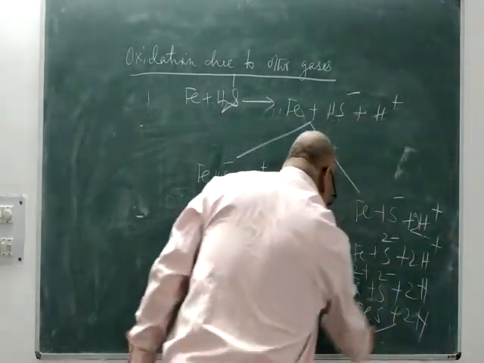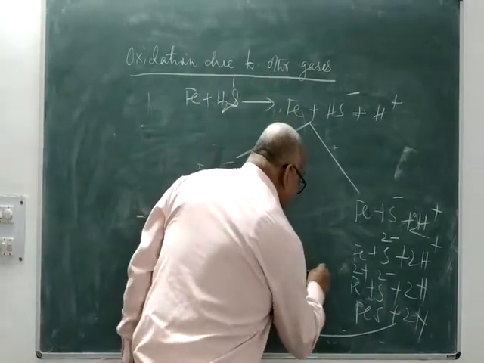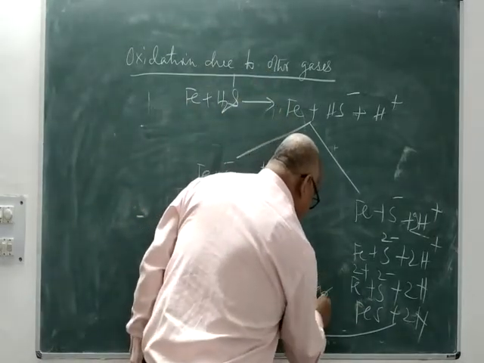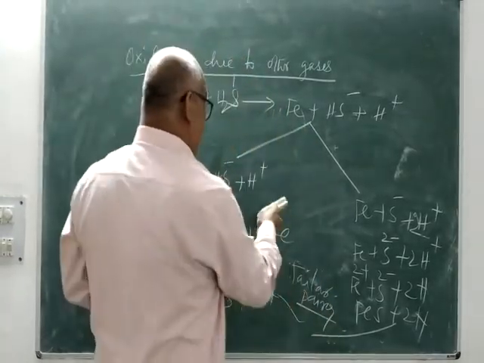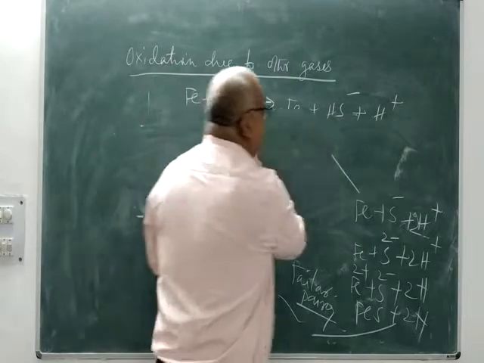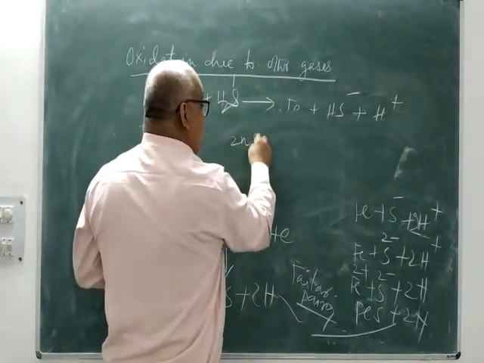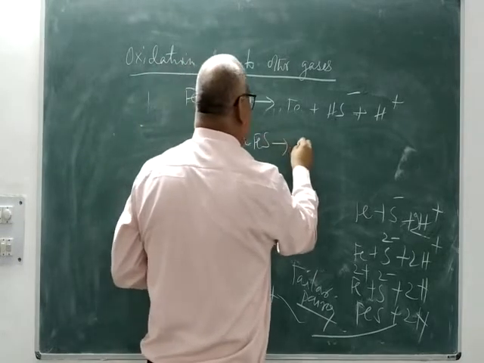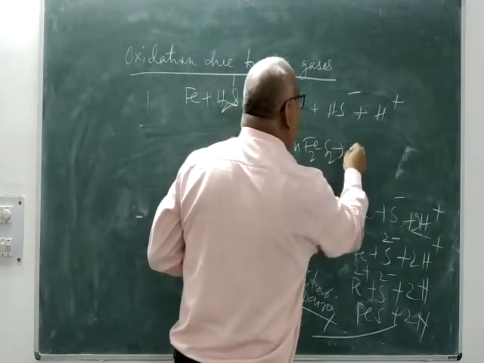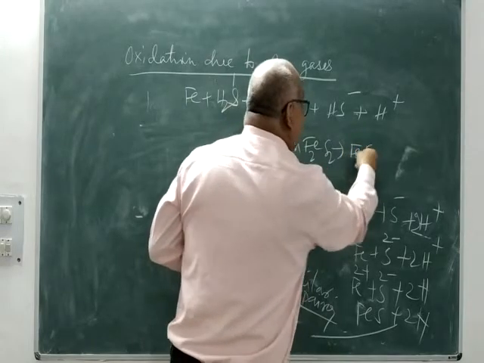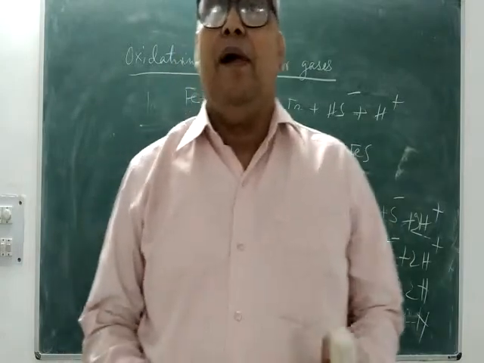Now this will follow Taylor pairing. In Taylor pairing, what happens? I am showing: 2n FeS will be converted into n Fe2S2 and ultimately FeS. These are two probable mechanisms.